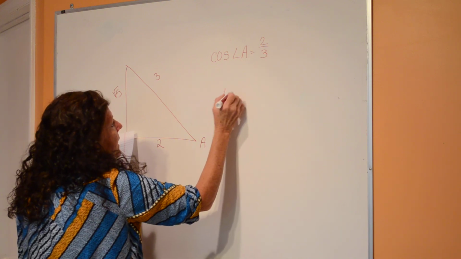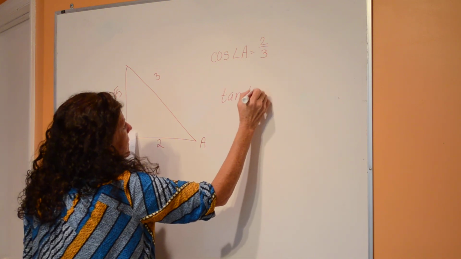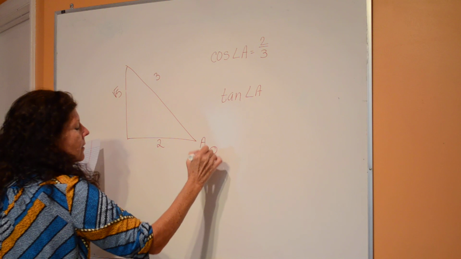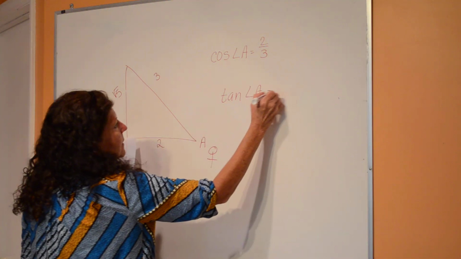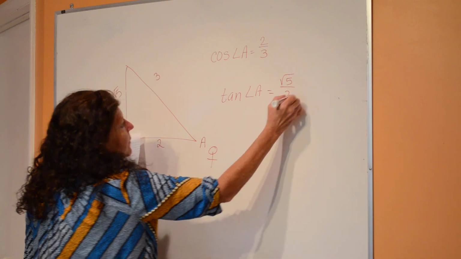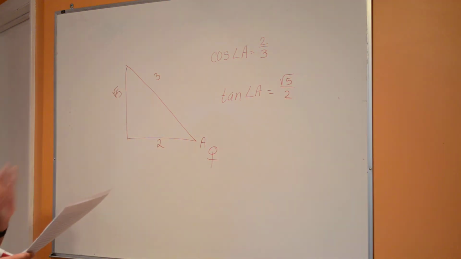Now, I'm not trying to find everything. I'm just trying to find the tangent of angle A. So I'm right here. The tangent is opposite over adjacent. So it's simply the square root of 5 over 2. And so they're not asking you for everything. They're just asking you for one.